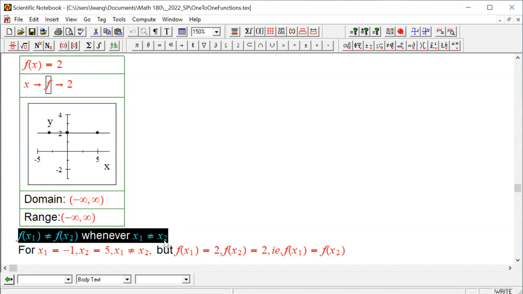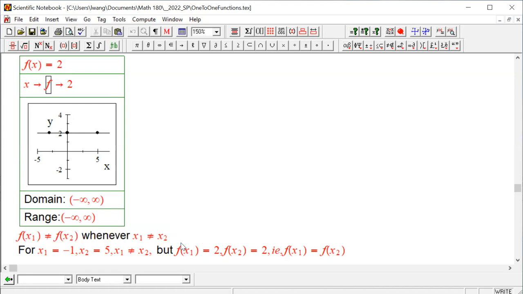The definition says, whenever the inputs are not the same, the outputs must not be the same. So when you make your case, you want to cite the definition.